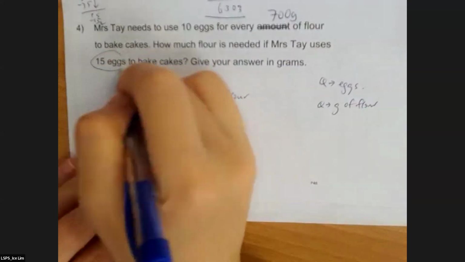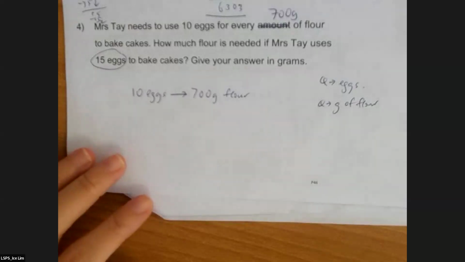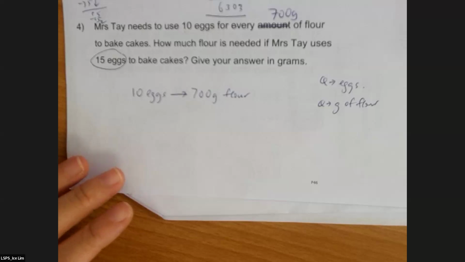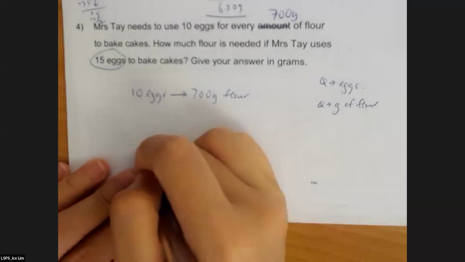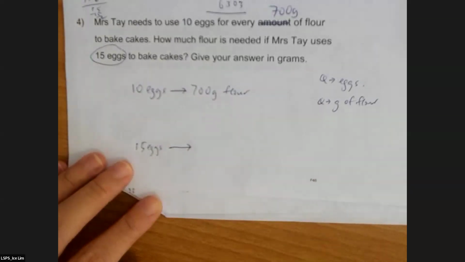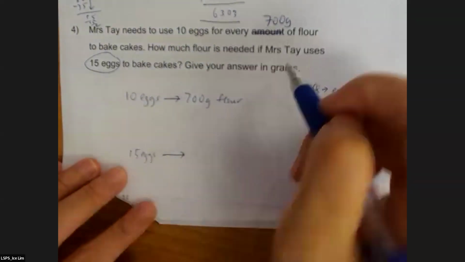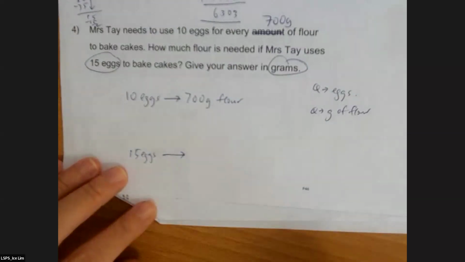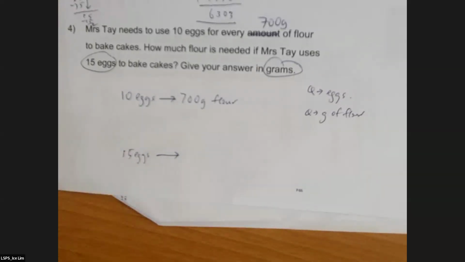It asks you for 15 eggs. Can I immediately go to 15 eggs? No. Yes. Yep. So do you know why they have an A and don't have an A now?